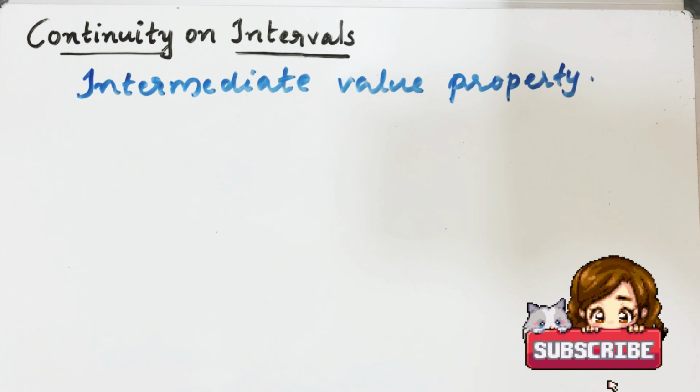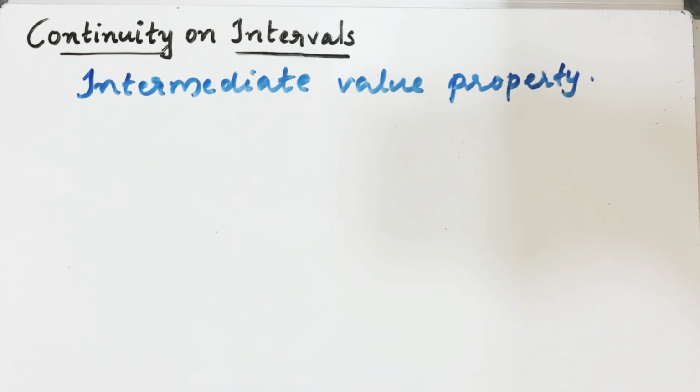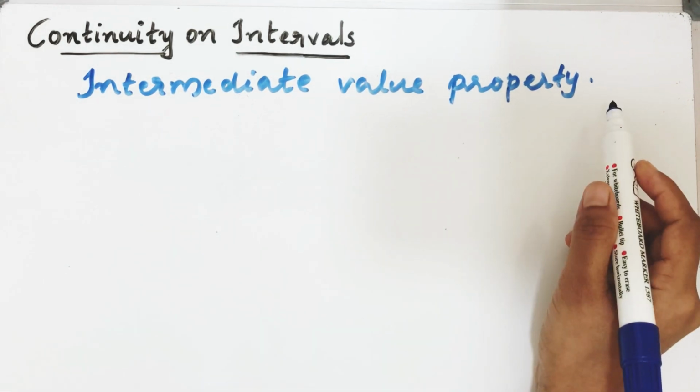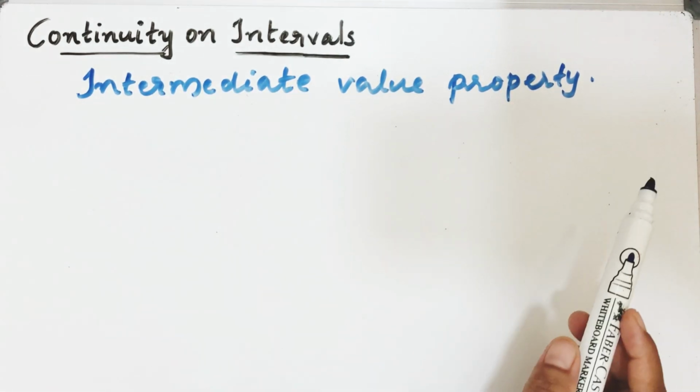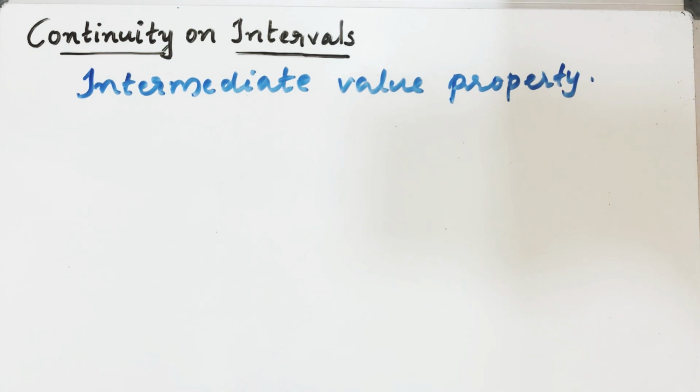Functions that are continuous on intervals have some properties. One of these is the intermediate value property. A function is said to have the intermediate value property if it never takes two values without taking on all the values in between.